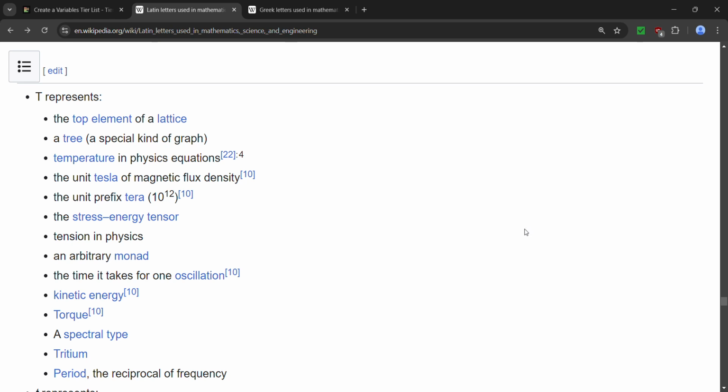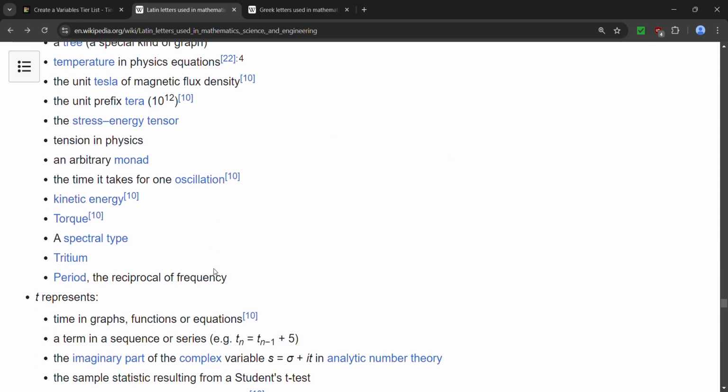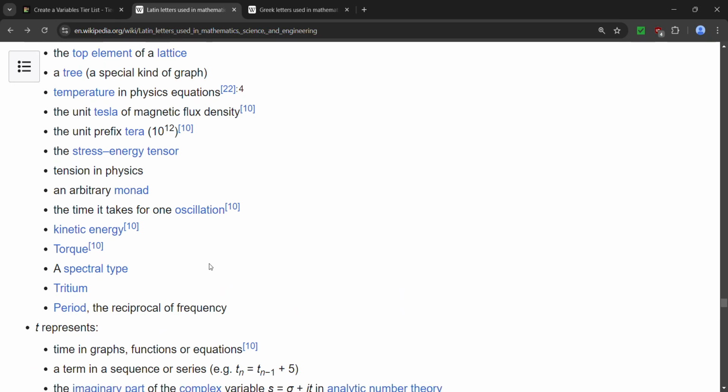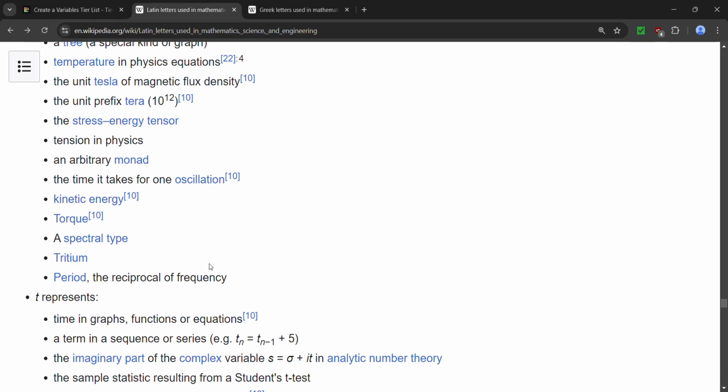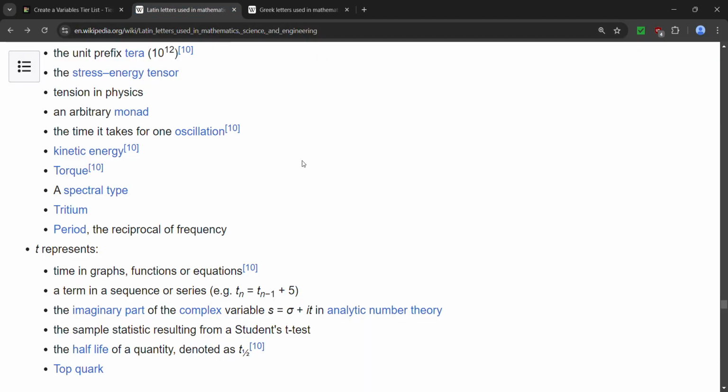And I would put it in S tier, but none of the other things here are really interesting me that much. If it had a couple more important or more interesting offshoots, I would give it an S tier. But I think I'm gonna leave it at A for now.